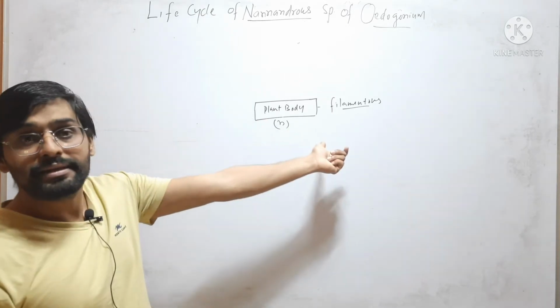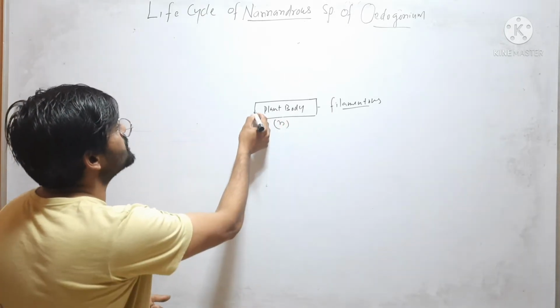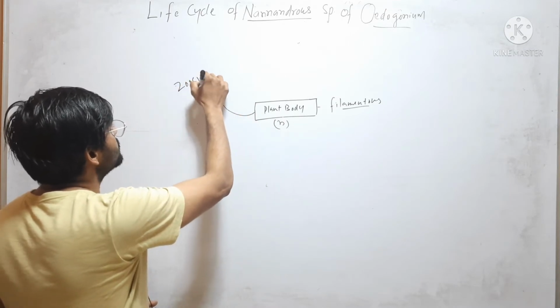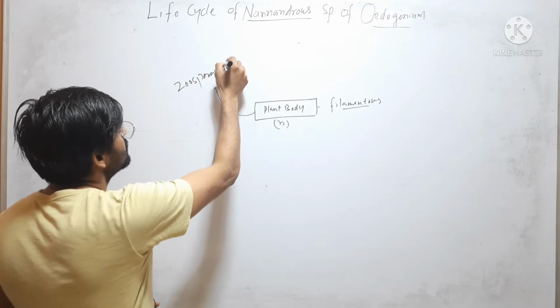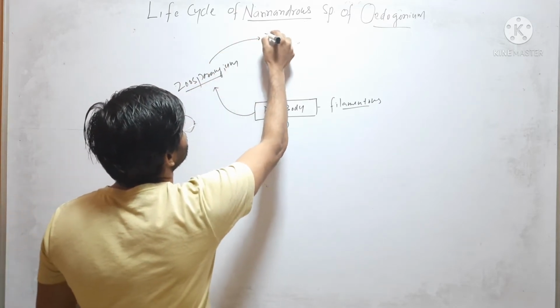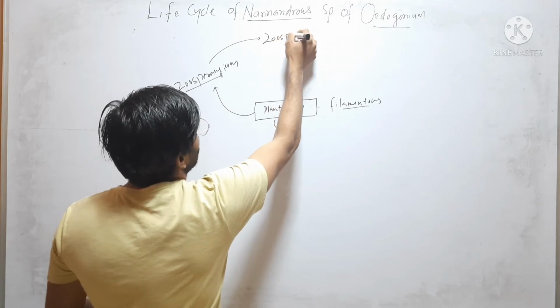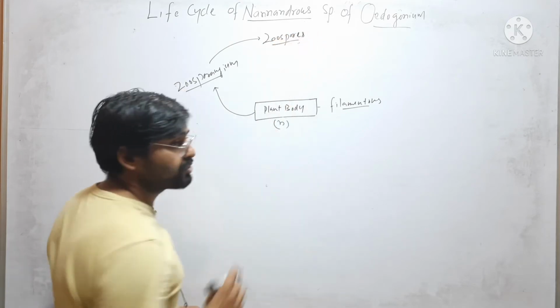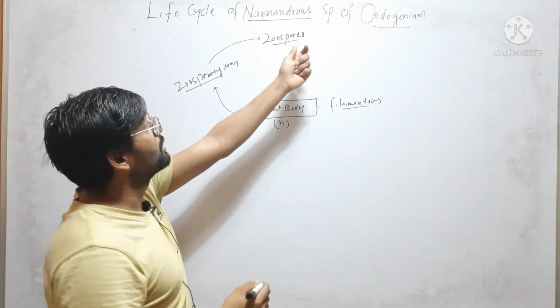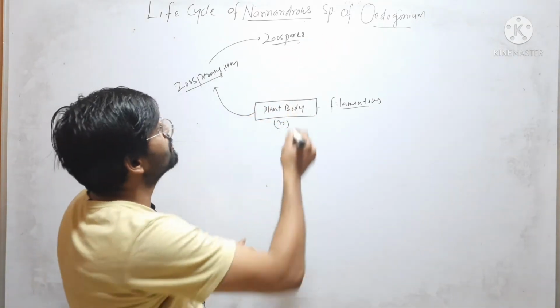Any cell, any intercalary cell or cap cell of this filamentous plant body will function as zoosporangium, and inside this zoosporangium, zoospores are produced. This zoospore is a motile, multiflagellated structure.